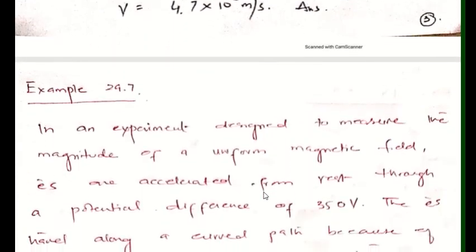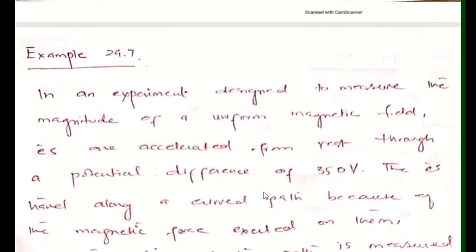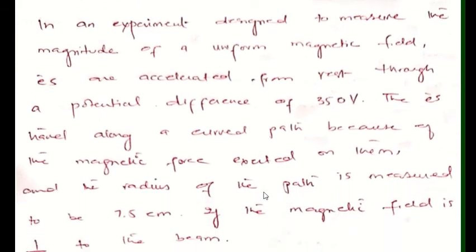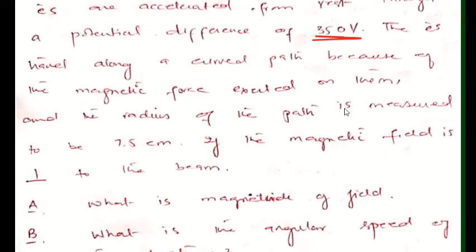In example 29.7, it says that in an experiment designed to measure the magnitude of a uniform magnetic field, electrons are accelerated from rest through a potential difference of 350 volts. So the potential difference, delta V, is given. The electrons travel along a curved path because of the magnetic force exerted on them, and the radius of the path is measured to be 7.5 centimeters, that is 7.5 times 10 to the power minus 2 meters.